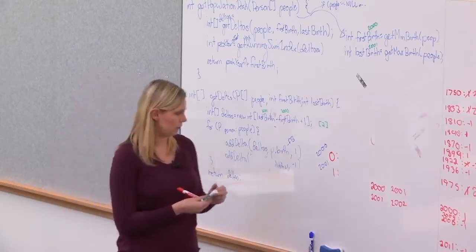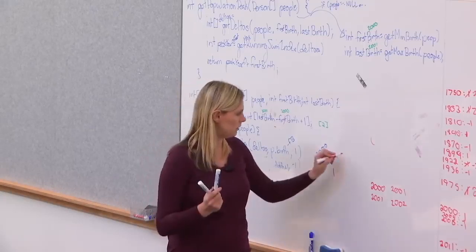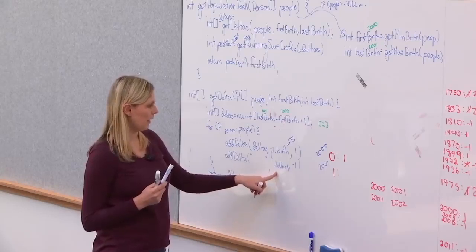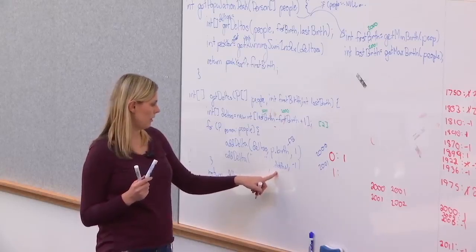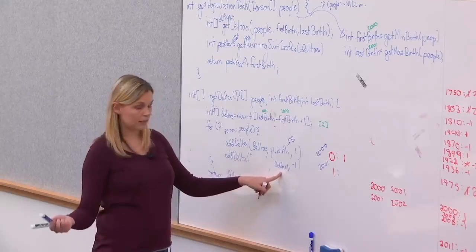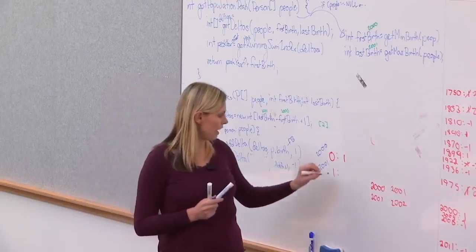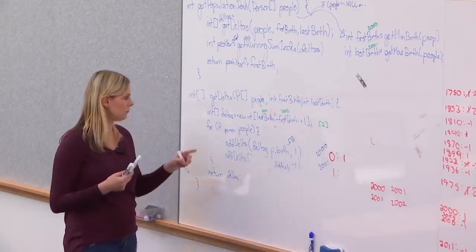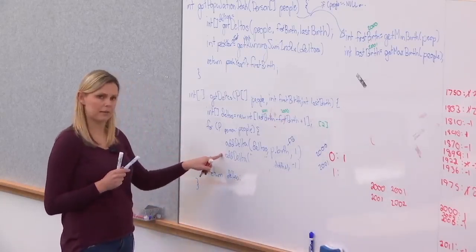So I need to increment that, add a 1, add delta, decrement the death value. So decrement the death value, which is 2001, plus 1. So that's actually 2002. So actually nothing will change there because 2002 is out of bounds. And my add delta will take care of the boundary checks.